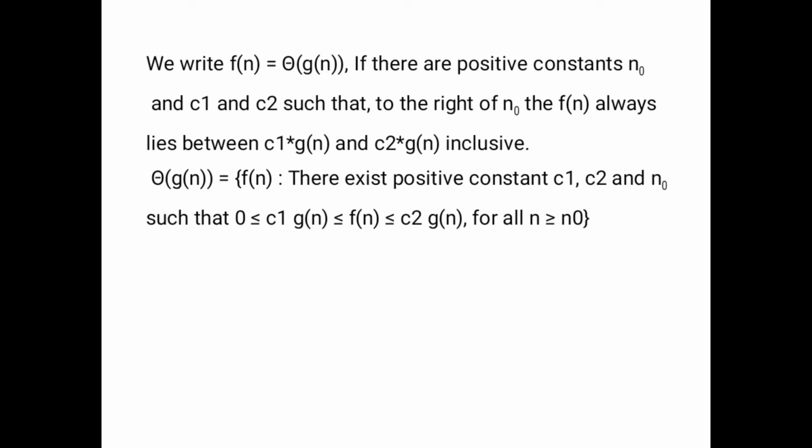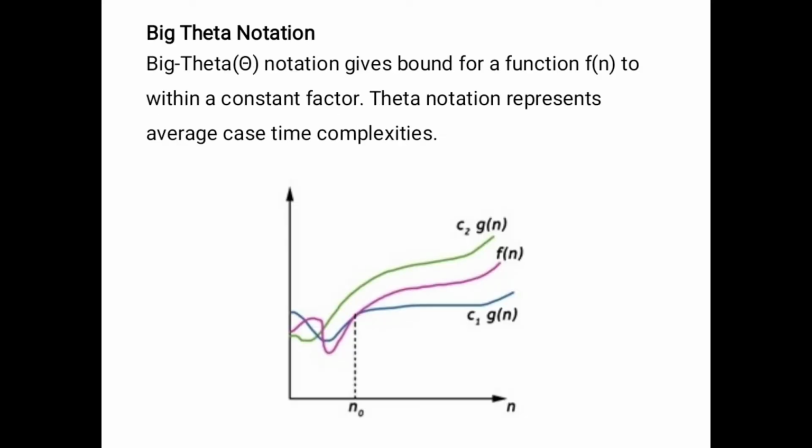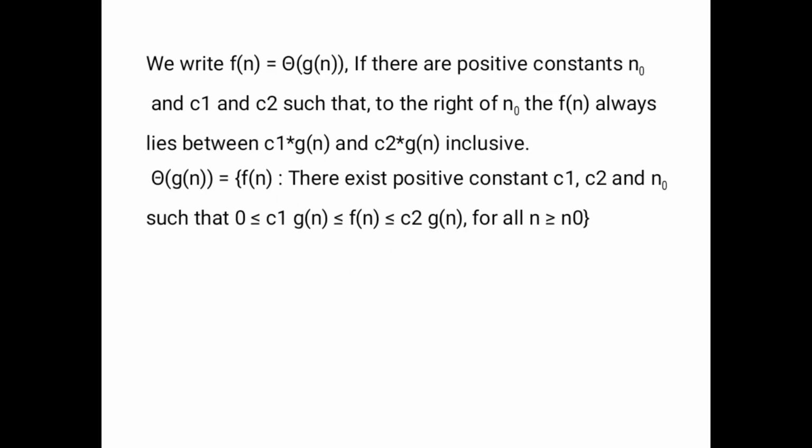Okay, just to see the diagram, so this is f of n. This is the theta notation function. The theta notation lies between c1 g of n and c2 g of n. So we want to explain that the function lies between c1 g of n and c2 g of n. So that is the concept. Then two specific criteria are given here. How can we define the definition using a mathematical function?